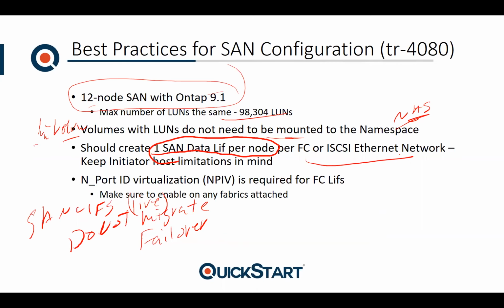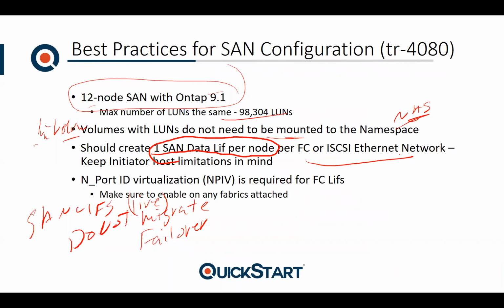Now that's great then. So that means if I've got 12 nodes and say a single network, then I'm going to have at least 12 data LIFs for whatever Vserver is going to serve up these LUNs. And depending upon your operating system, that might be fine. But certain hosts, so you do have to keep in mind in this architecture, certain hosts do have a limitation as to basically the number of connections they can have.